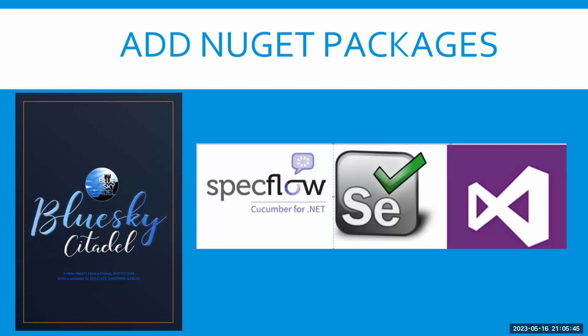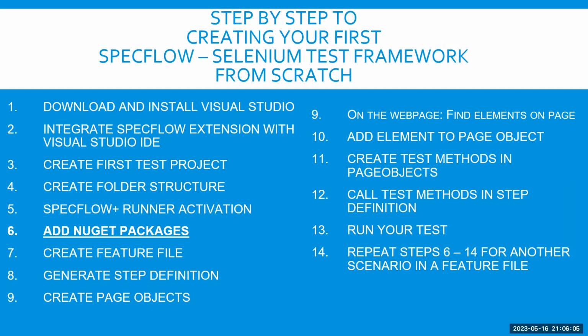There are different types of NuGet packages depending on the test framework that you choose. If you choose NUnit, you need a NuGet package for NUnit. If you choose SpecFlow+ SpecRun, you need NuGet packages for that test framework, which I'm going to show you.